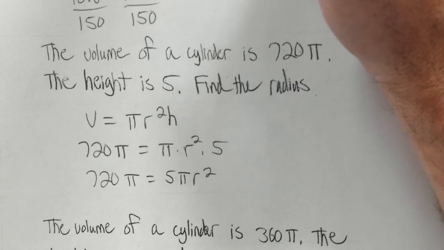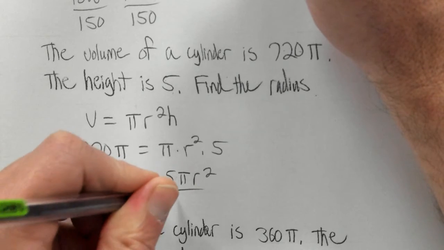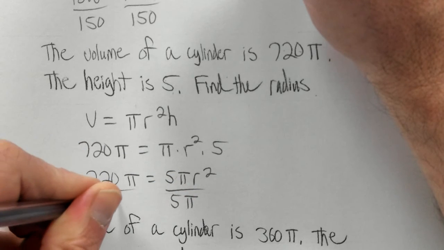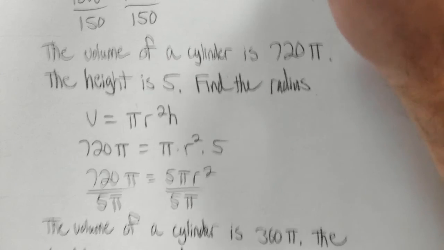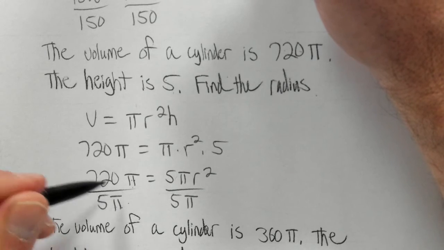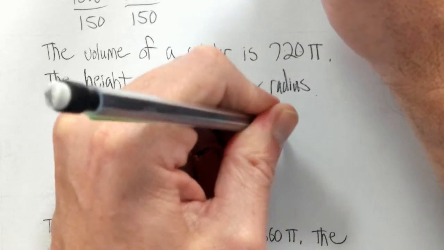All right. Then from here, if I wanted to solve for the r, the next step would be to divide both sides by 5 pi. Okay, so now when that happens, let's see what we've got. On this side, the pi's disappear, and 720 divided by 5 is 144.